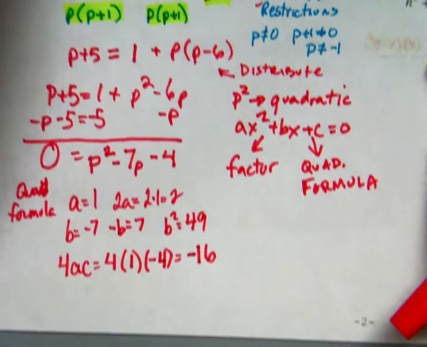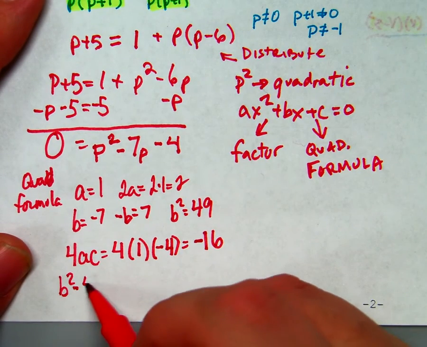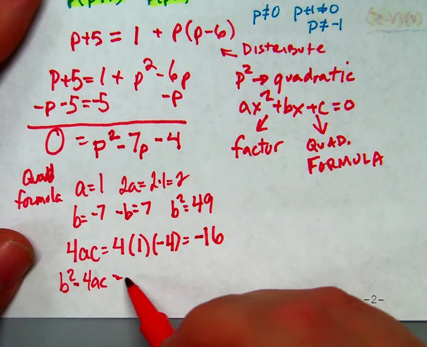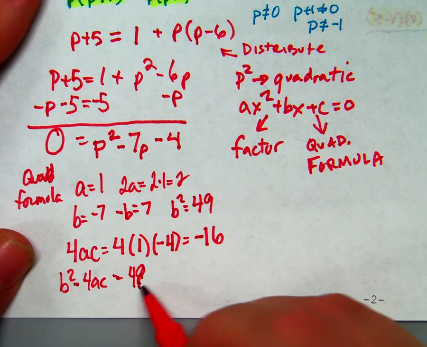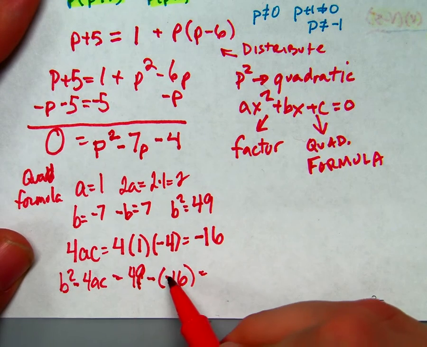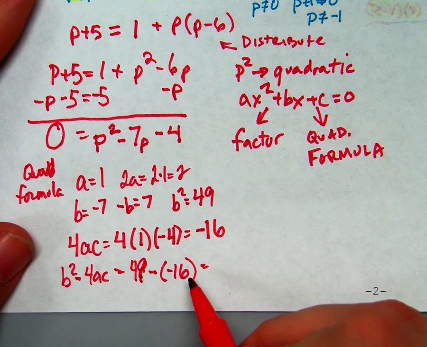And now I want b squared minus 4ac. My b squared was 49 minus a negative 16, which is 49 plus 16. So it would be a total of 65.